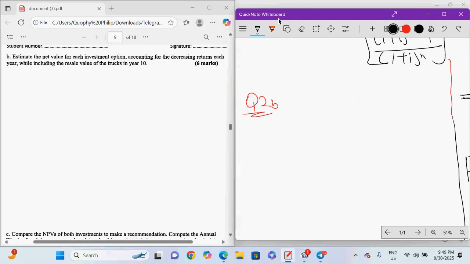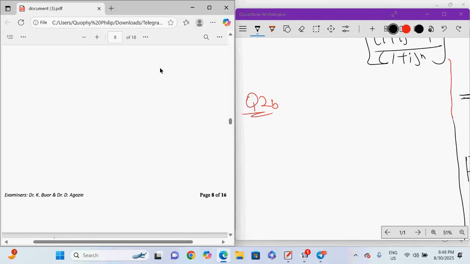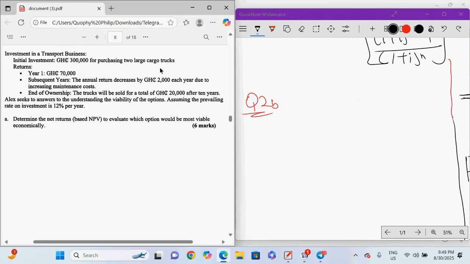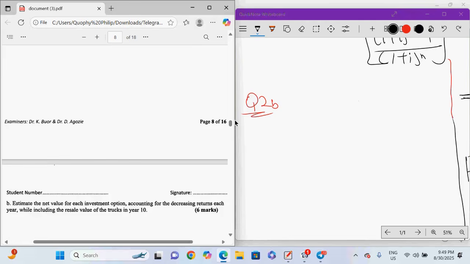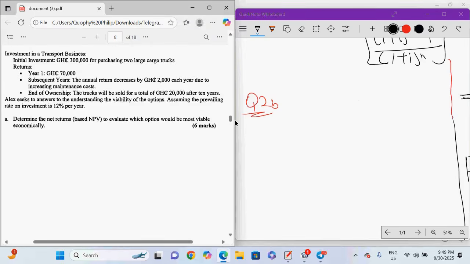So what is the resale value? The resale value was about 20,000 for 10 years, right? So this is the value that we'll be getting at the end of the 10 years, the future value. Let's discount it into the present value today. What is its present value?